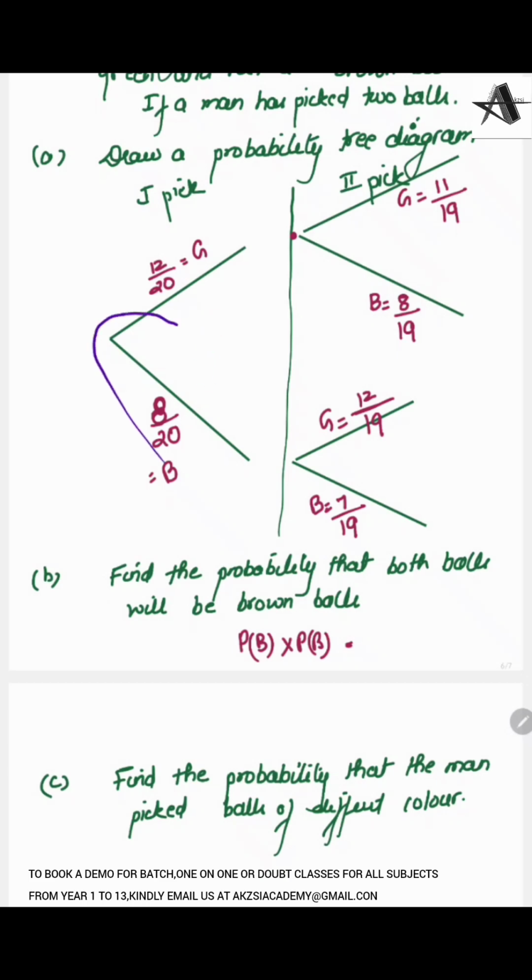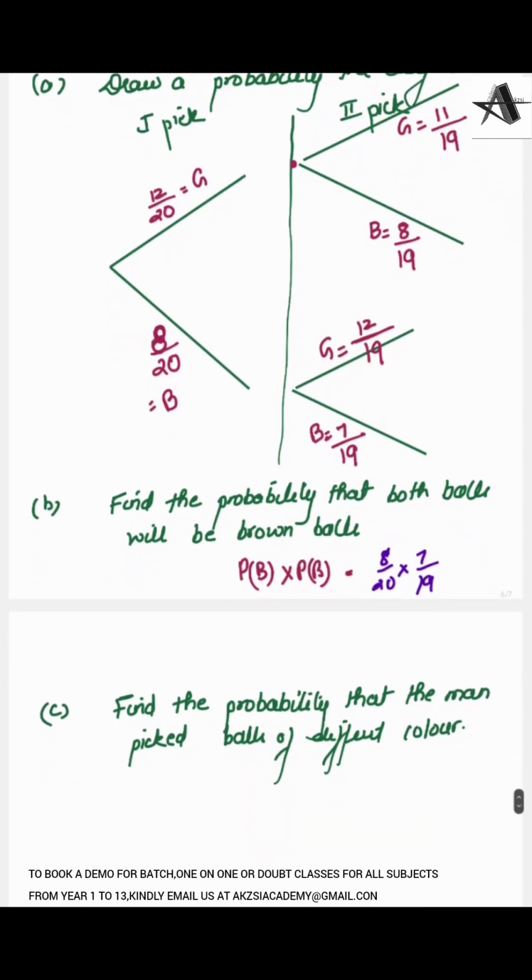He is picking brown in the first pick, leading to another brown in the second pick. That probability is 8 over 20 times 7 over 19. That will be our total possible combination when he's selecting both balls brown.